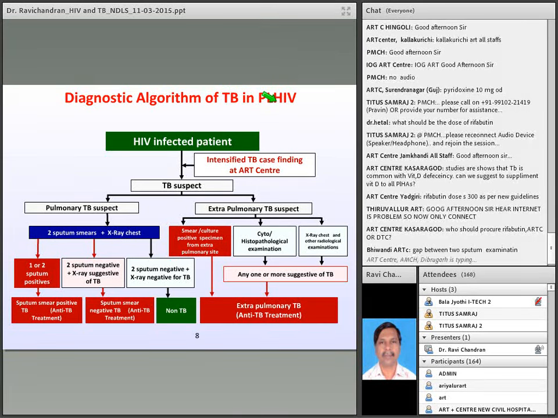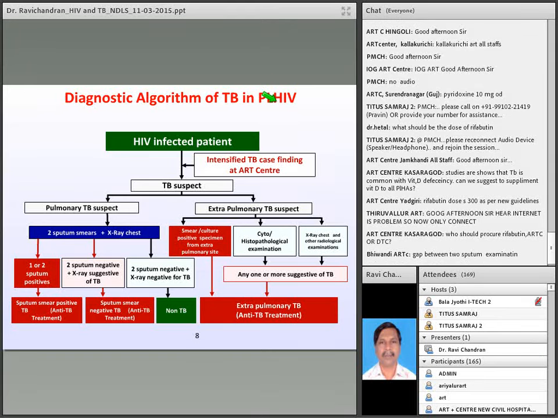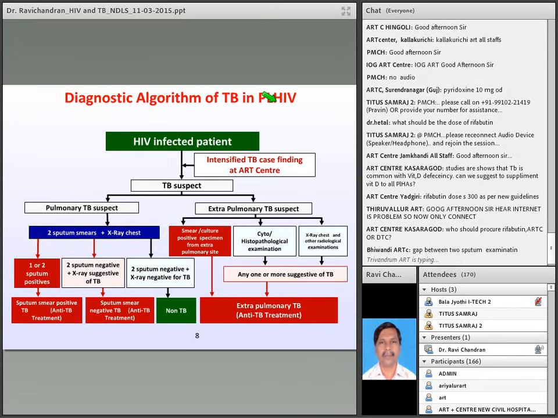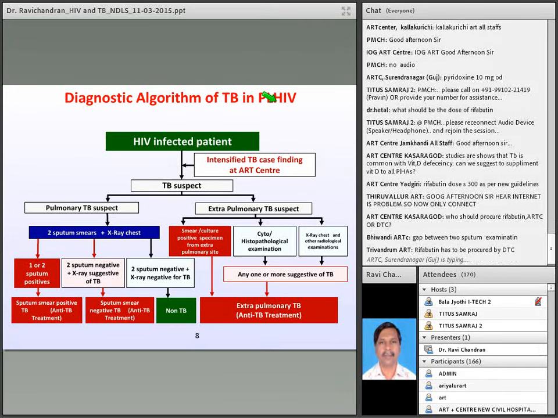If the cytohistopathological examination is suggestive of a tuberculous lesion, again we can start treatment. Or if they show other evidence, like a positive chest X-ray and other radiological examinations revealing tuberculosis infection, here also we can start antituberculosis treatment.